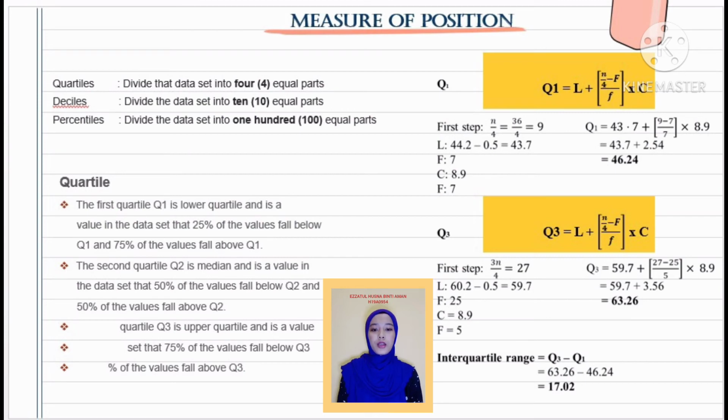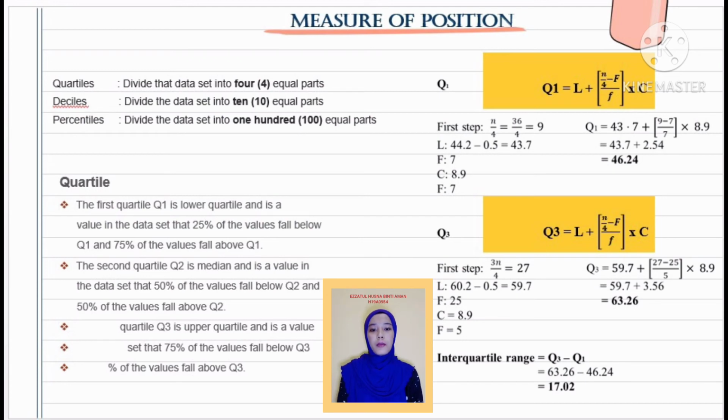For the calculation of Q1, I use the formula Q1 equals L, the lower boundary, plus n divided by 4 minus F, the cumulative frequency before the class, divided by f, the frequency for the class, multiplied by c, the class width.